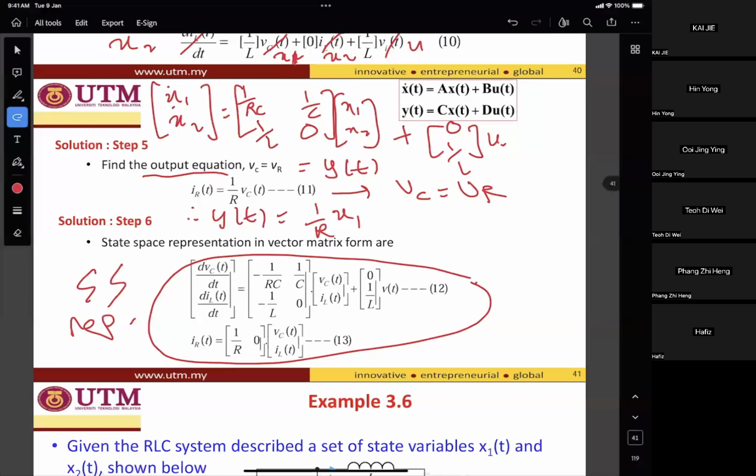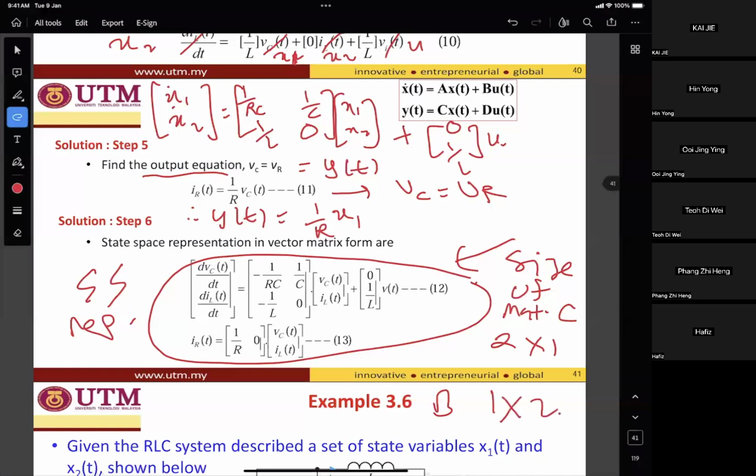Okay, Miss Uy, what is the size of matrix C in this case? 2 times 1. Matrix B? 1 times 2.